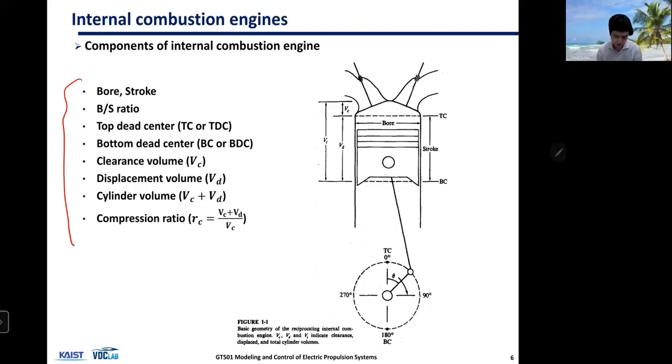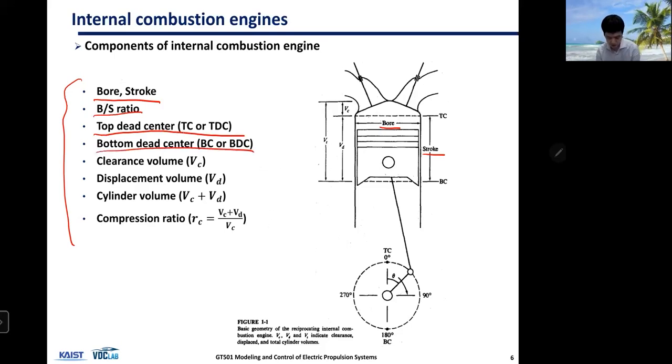So there's the bore, which is the diameter, and the stroke of the piston, and the ratio between bore and stroke is the BS ratio, and then there's top dead center, bottom dead center, and so forth.